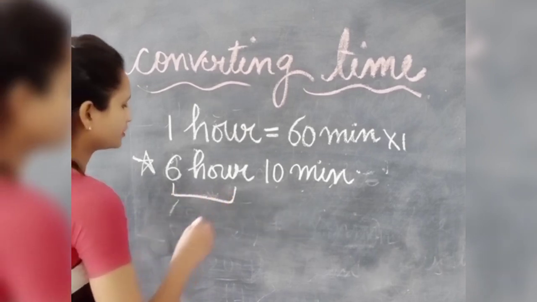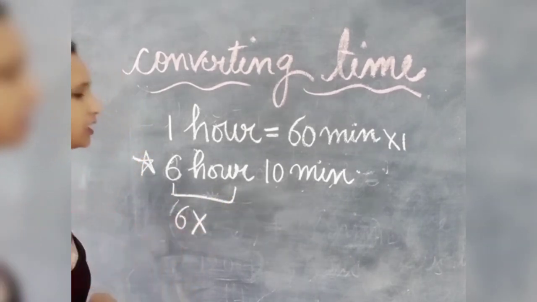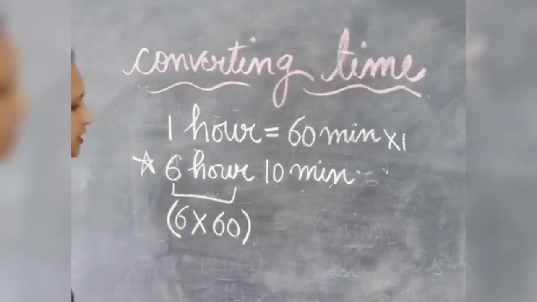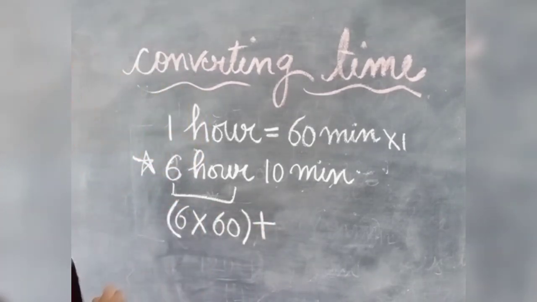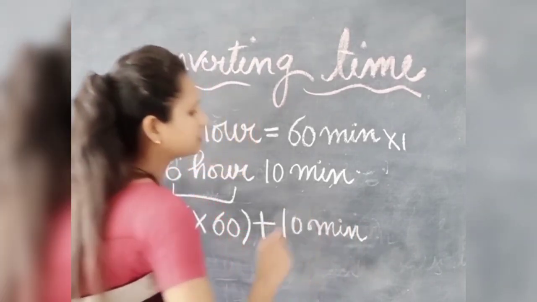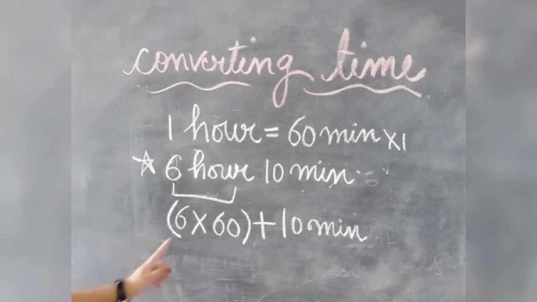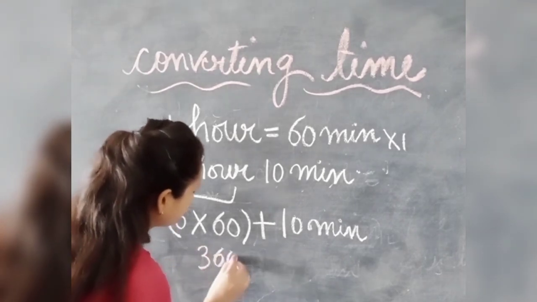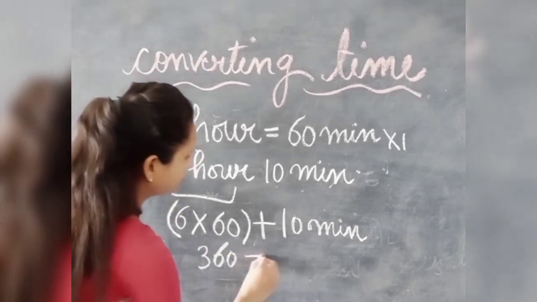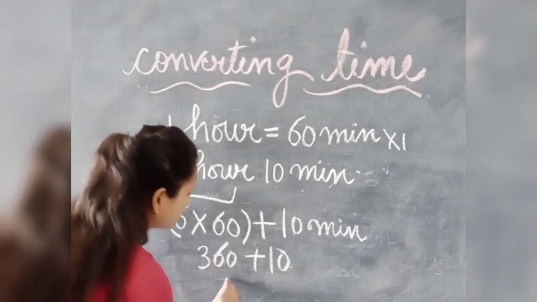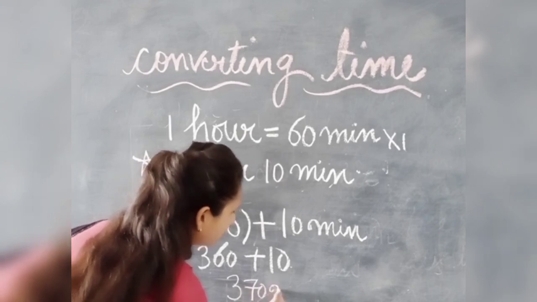Now 6 hours, 6 multiplied by 60 under bracket, then the sign of addition, then 10 minutes, write it as it is. 6 multiplied by 6, 6 6s are 36, and 0, plus 10 minutes. 360 plus 10, 370 minutes.